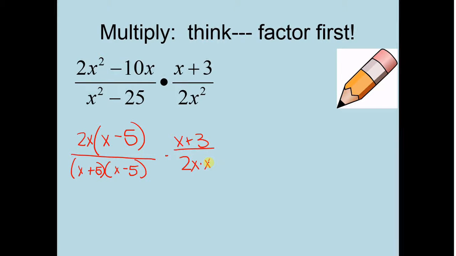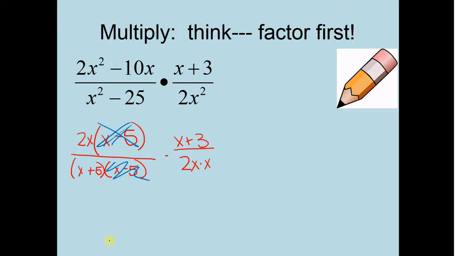Now, once you factor everything, you're going to look on the top and the bottom, or you can look across the way, and see if there's anything that looks like each other. First thing I notice, I have an x minus 5 and an x minus 5 on the top and the bottom. Those can cancel out.